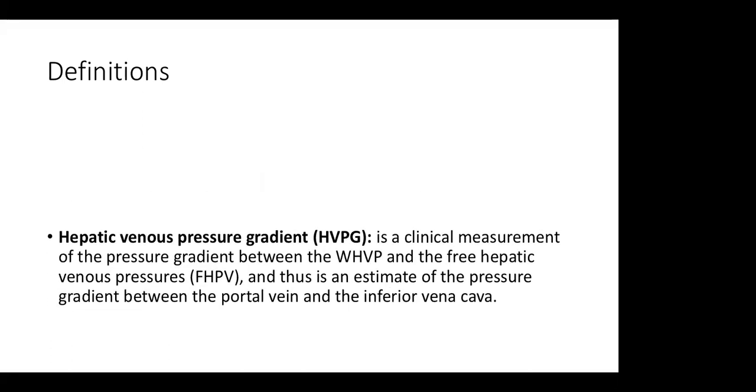The hepatic venous pressure gradient is a clinical measurement of the pressure gradient between the wedge hepatic venous pressure and the free hepatic venous pressure, and thus is an estimate of the pressure gradient between the portal vein and the inferior vena cava.